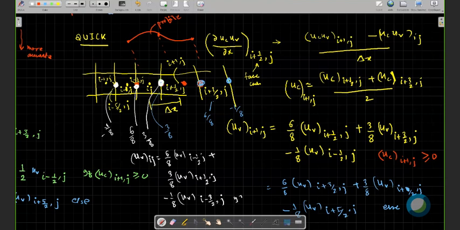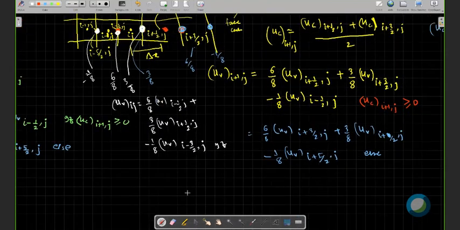This is for the case when UC ij is greater than or equal to 0.